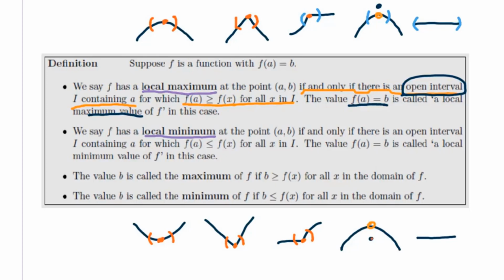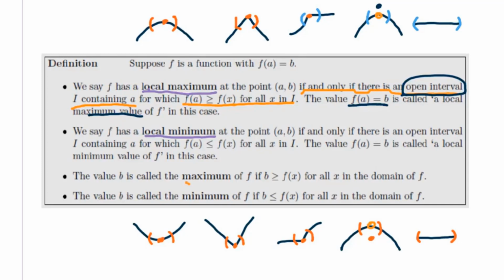This will be a local minimum for this interval. And a horizontal line will be a local minimum because we can form this open interval. In other words, a horizontal line is both a local maximum and a local minimum.